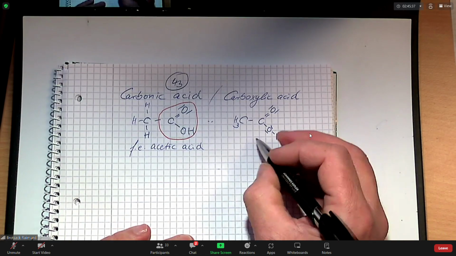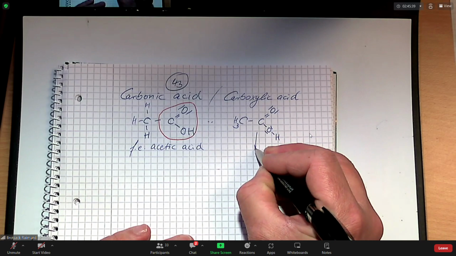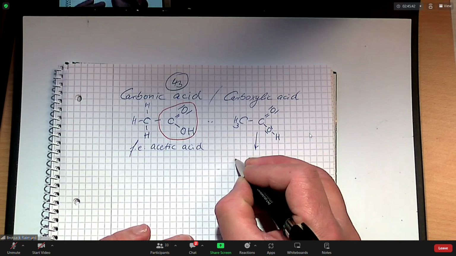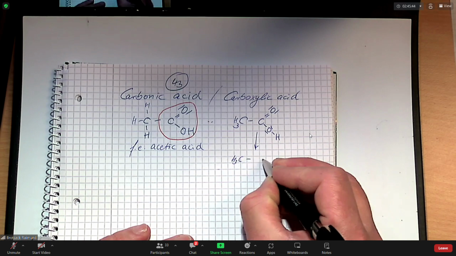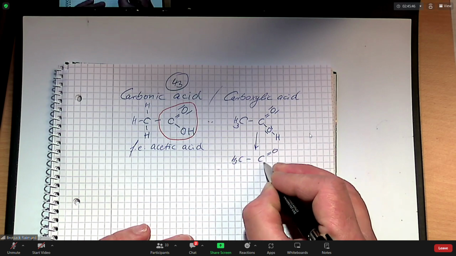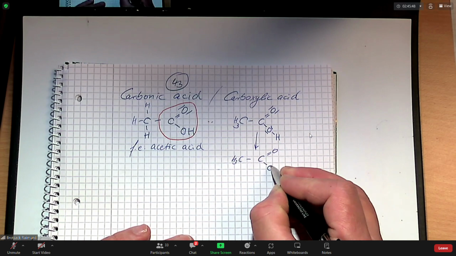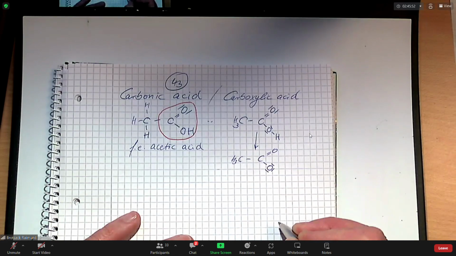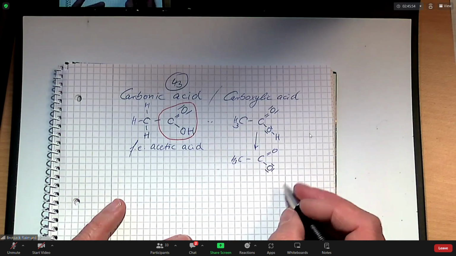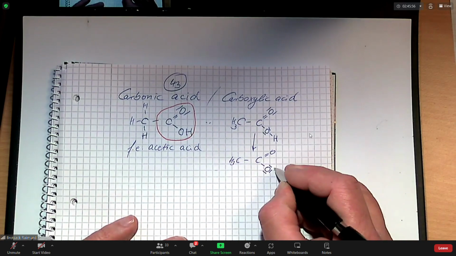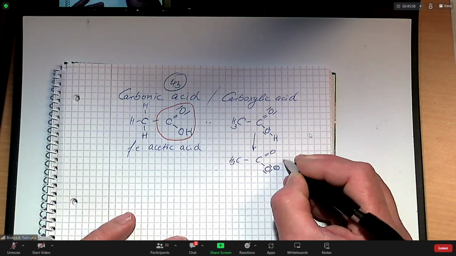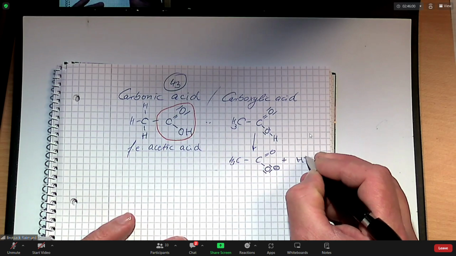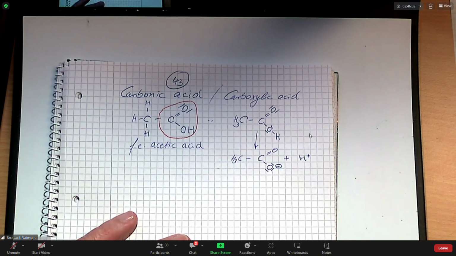Why? Because this one can be delivered, and then we have the CH3, CO, and O. Only the proton is delivered, so the electron remains at the carboxylic acid. And then we have a negative charge here, plus a proton, which is decreasing the pH.